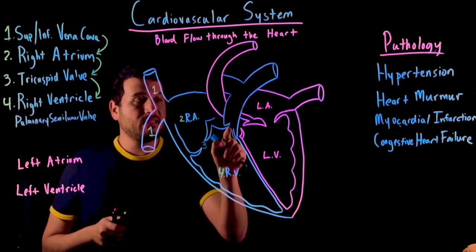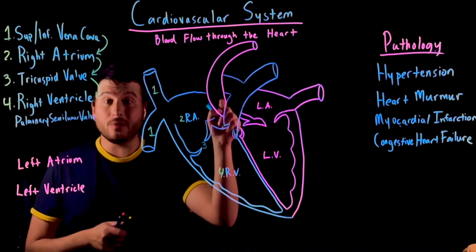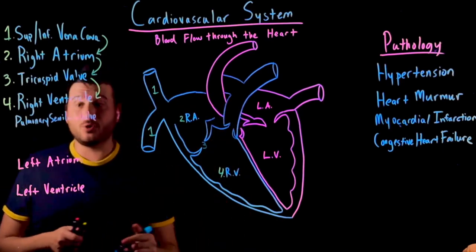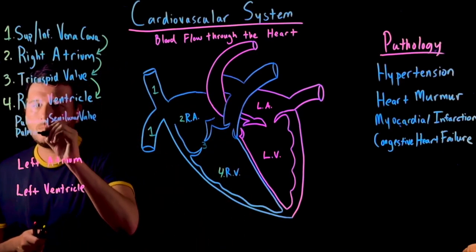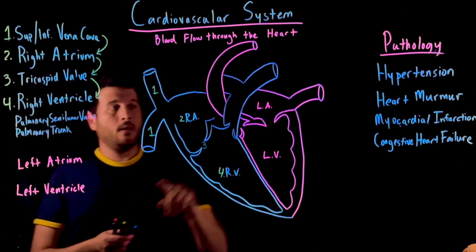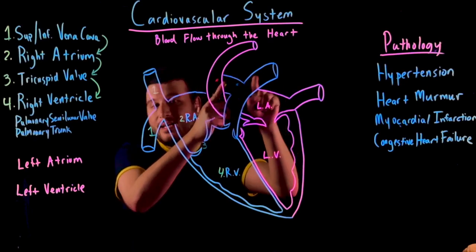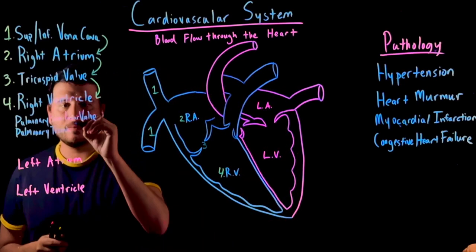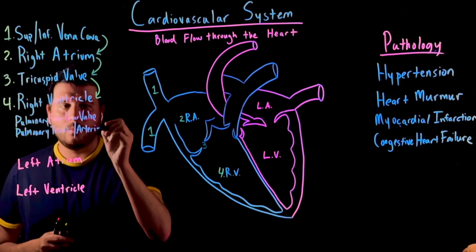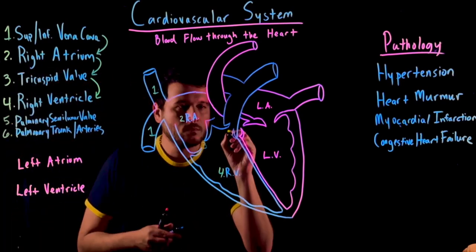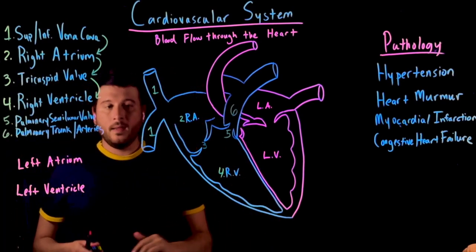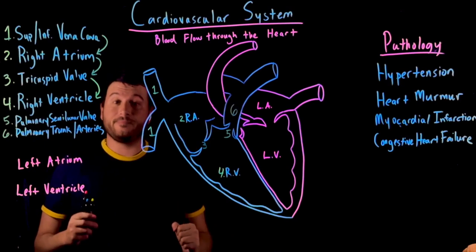And as it passes the pulmonary semilunar valve, it will enter the pulmonary trunk. This pulmonary trunk will split into left and right pulmonary arteries. What does pulmonary mean?